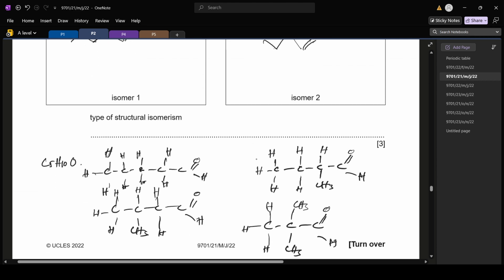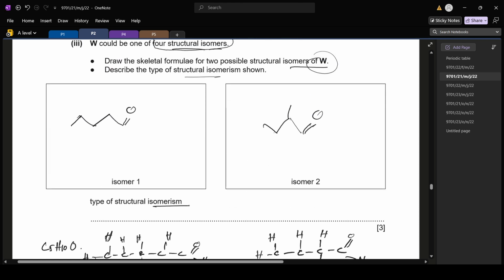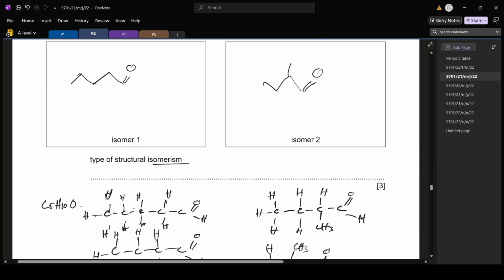These are the structural isomers of W. And what is the type of structural isomerism shown? So this is chain isomerism. Okay, chain isomerism is shown.